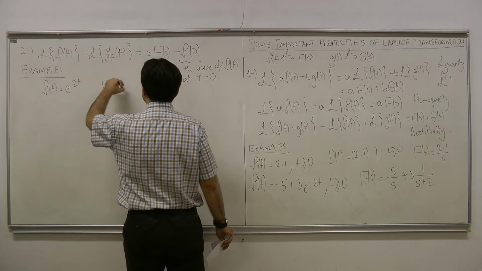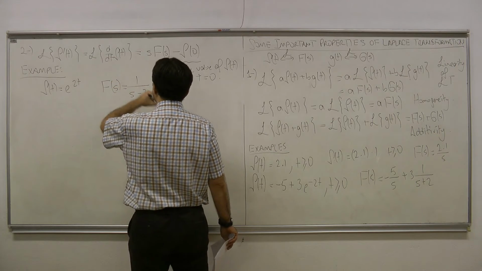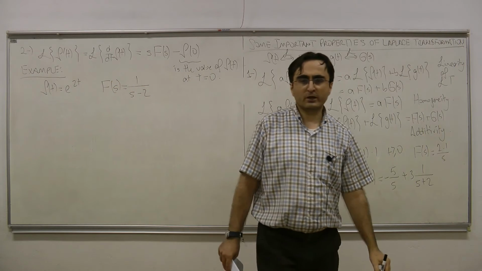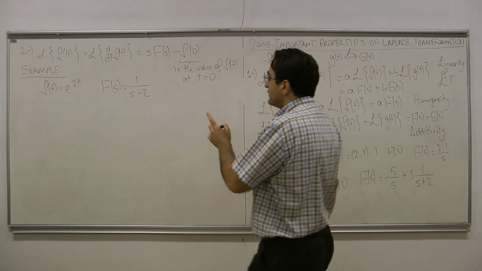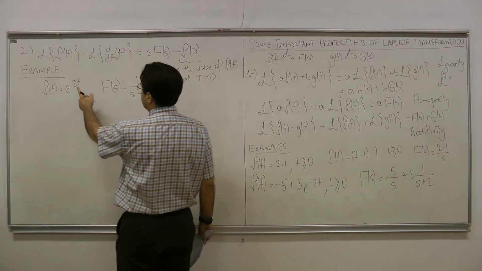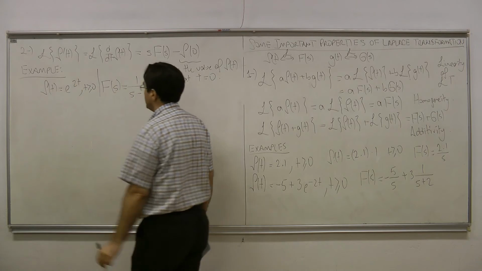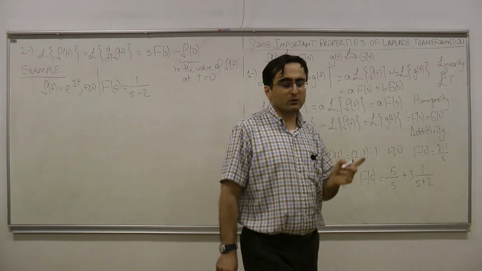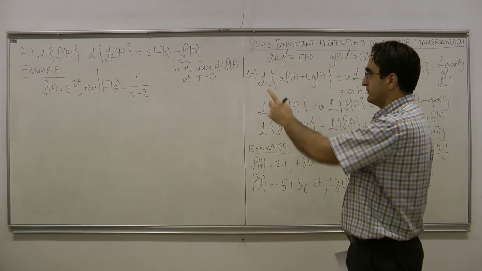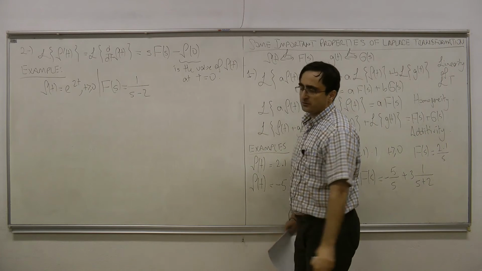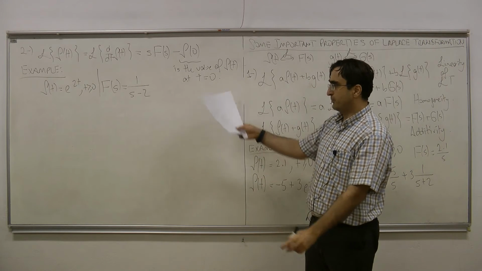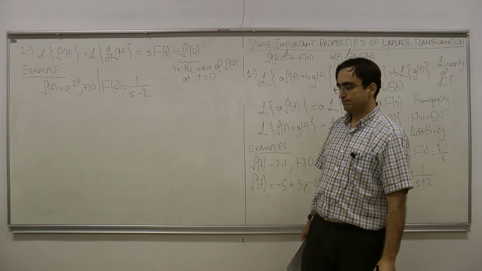It is F of s equal to 1 over s minus 2. Sometimes I forget to write t larger than or equal to 0. In this course, we are always going to have the definitions of functions for t larger than or equal to 0. Even if I forget, you need to put it.